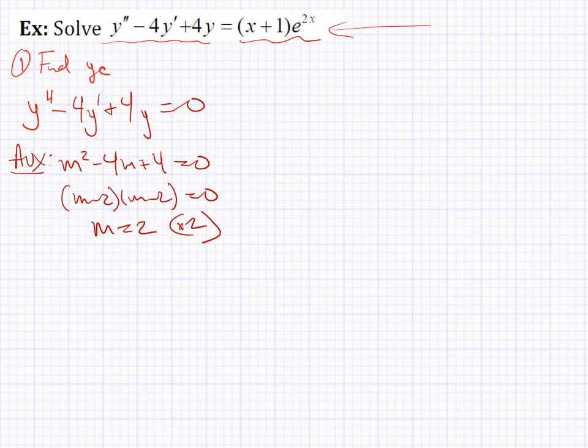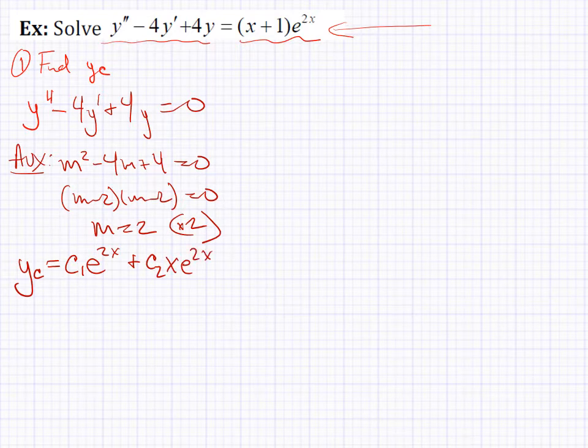So it's a repeated real solution, therefore our y sub c is going to be c1 e to the 2x plus c2 x e to the 2x.